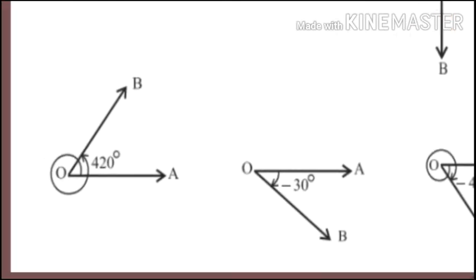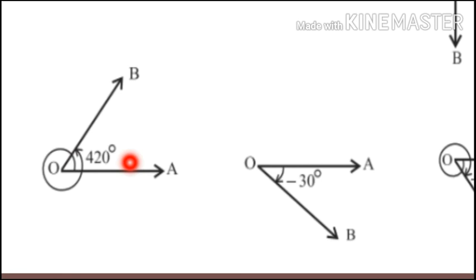Our fourth ray, from the initial side to the terminal side, makes an angle of 420 degrees because from initial side to initial side, that is, both coinciding, it makes one full complete revolution plus some angle, that is, 60 degrees added. 360 plus 60 degrees makes 420 degrees.